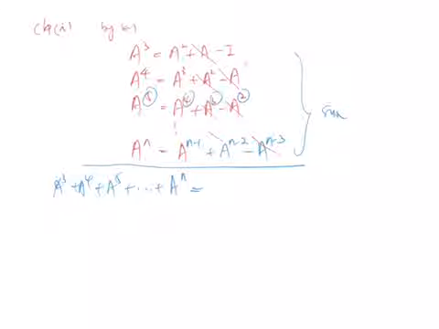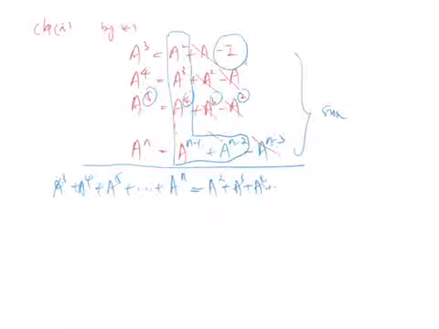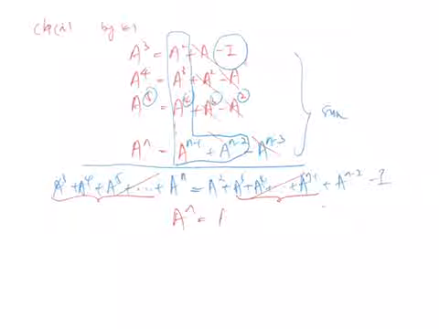We have this column and this term, and also one more term here. So it is A squared plus A cubed plus A to the power 4 up to A to the power n minus 1, plus A to the power n minus 2, minus I. And then this part and this one are in common, so they can be cancelled. So you have A to the power n is A to the power n minus 2 plus A squared minus I.